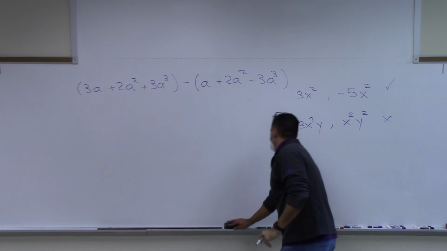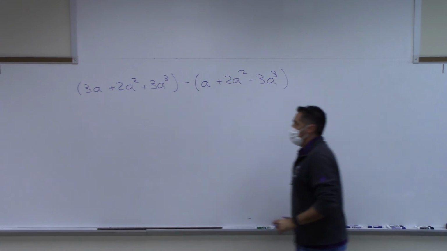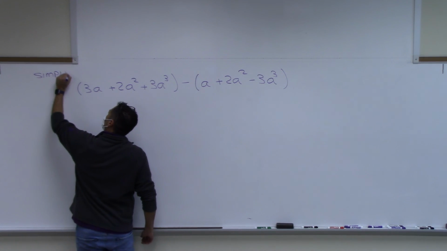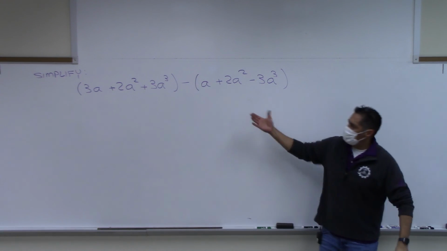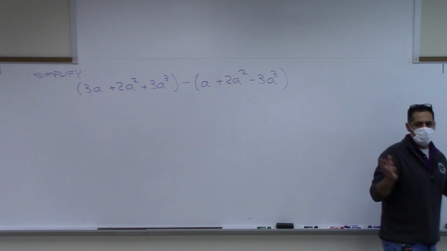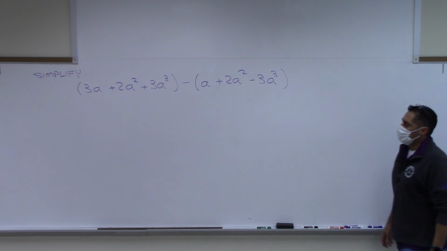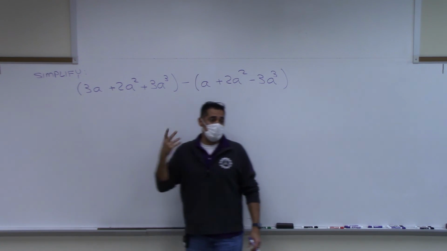All right, so let me tell you what I want you to do here. I want you to simplify this. That means that's a big and ugly thing. I want you to see if you can make it look a little bit more condensed and nicer, all right? So I'm using in here the letter A instead of X.